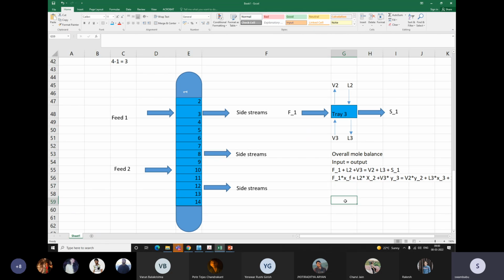Now, at each tray, assuming each tray at equilibrium, using vapor liquid equilibrium data, we can write the y equal to kx form.